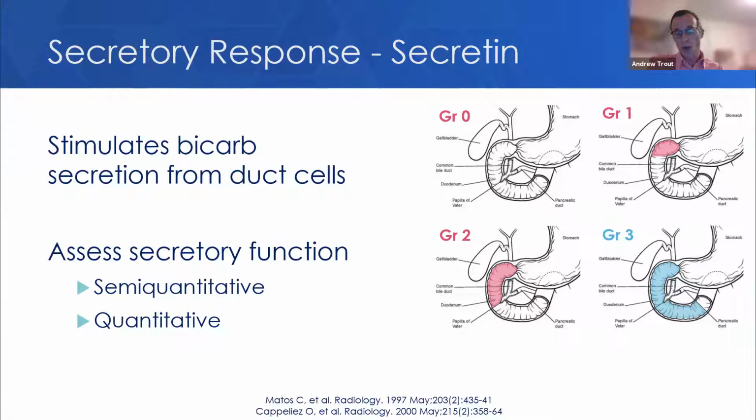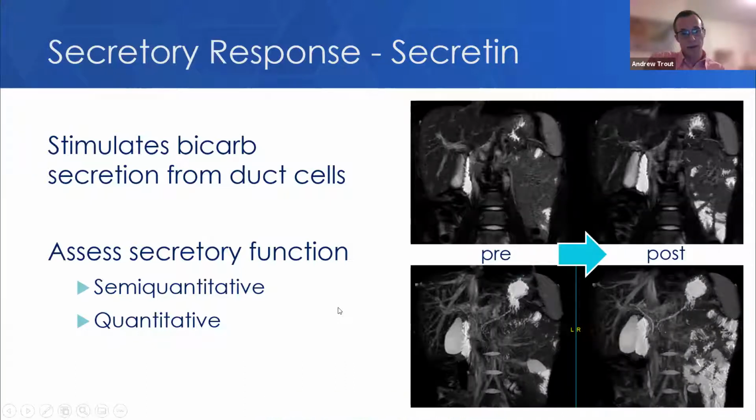The only degree of fluid secretion that's considered normal is grade 3, which is colored in blue there. Anything less than filling beyond the second and third portion of the duodenum is considered abnormal. So grades 0, 1, and 2 are considered semi-quantitatively abnormal according to the Matos criteria.